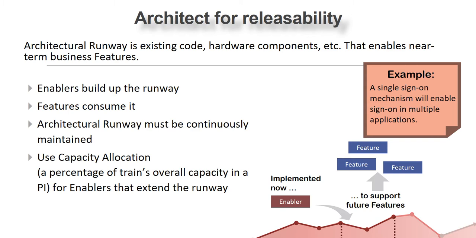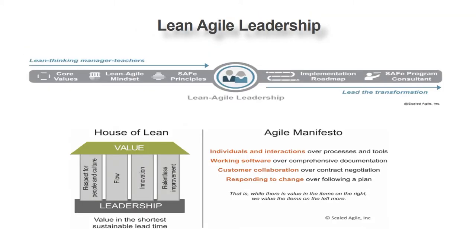The main purpose is to have a common thing that drives all the teams on a train, and all of them share this common architecture, instead of having separate architectures. So this is just a very high level description of an architectural runway.